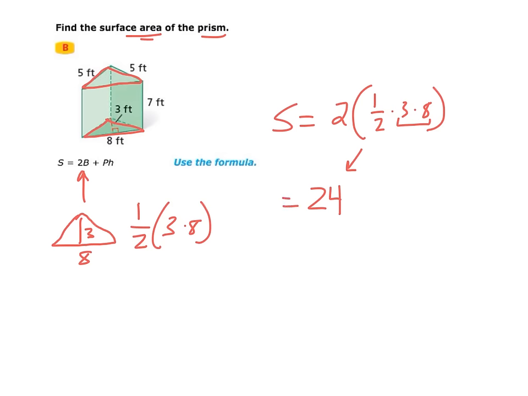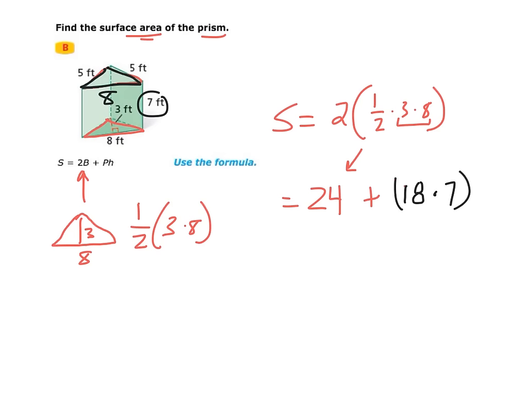So now I have to add to that the perimeter of the base. To find the perimeter of the base, I'm going to add up all the sides of the base. So it's 8 plus 5 plus 5, or 18. So the perimeter of the triangle is 18 times the height, and it's 7 feet tall.